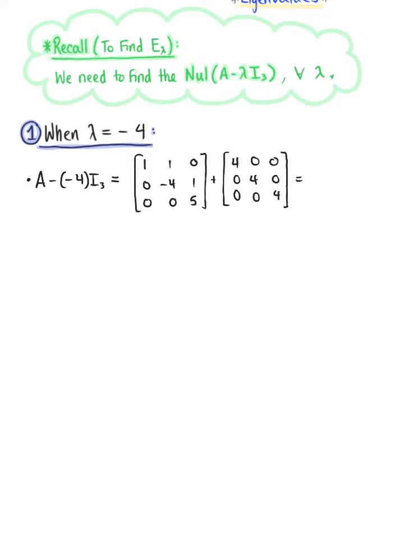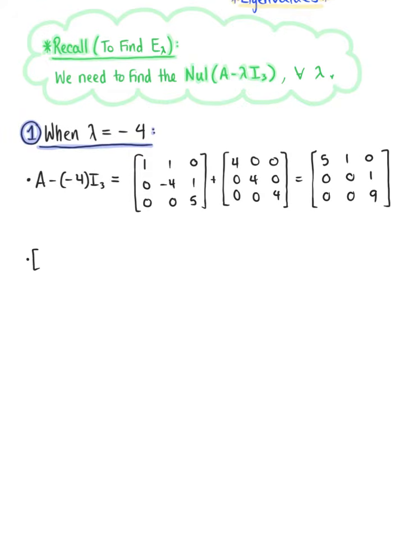So combining those like terms, we are left with the 3 by 3 matrix going across the first row, 5, 1, 0, 0, 0, 1, 0, 0, 9. So now that we have this matrix, we're ready to find the null space.